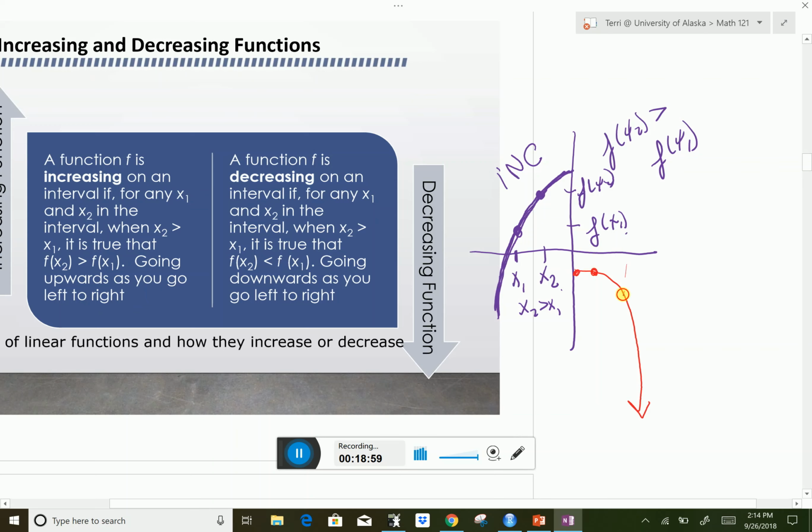If I have an x1 and x2, so here's another x1 and another x2, and x2 is still bigger than x1, but f of x1 is larger than f of x2 because we're going downward. We're falling or decreasing. So this is what we used to call a rising function, and this is what we would call a falling function. So that's another way to think about it.